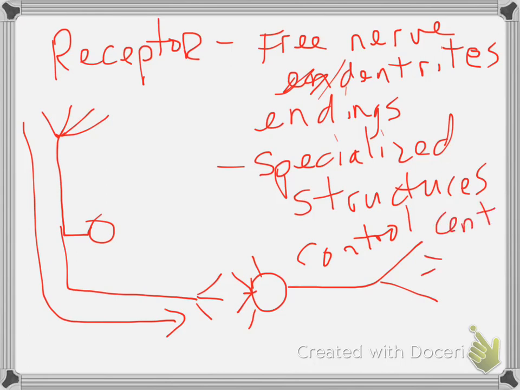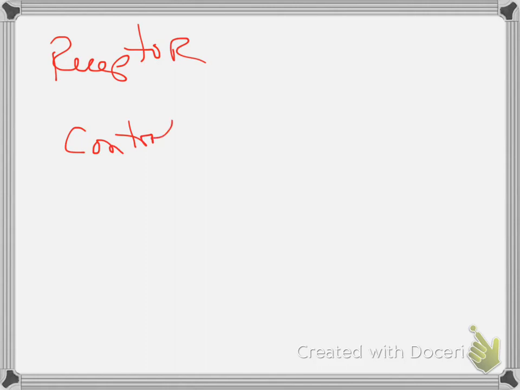And then we have the control center sending out a signal to the effector. Okay? So, receptor, control center, and effector.